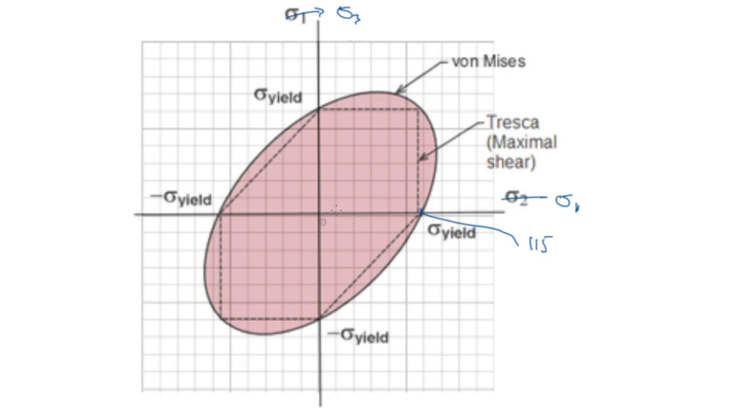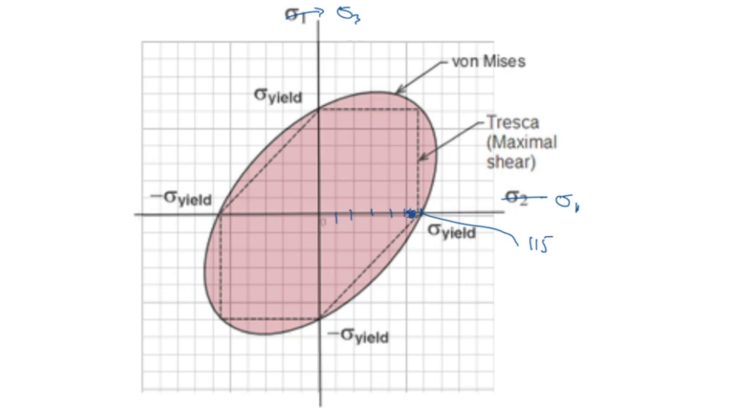So each one of these graduations is 20. And so we had a stress of 110. So we're roughly here, and then we had a very, very small stress.